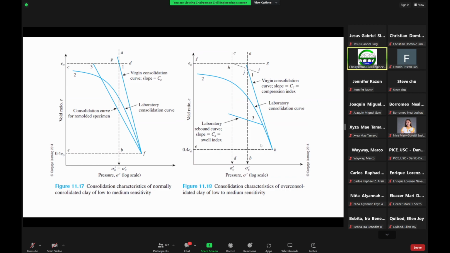So let's go back to these figures later when we derive the formulas for the consolidation settlement.